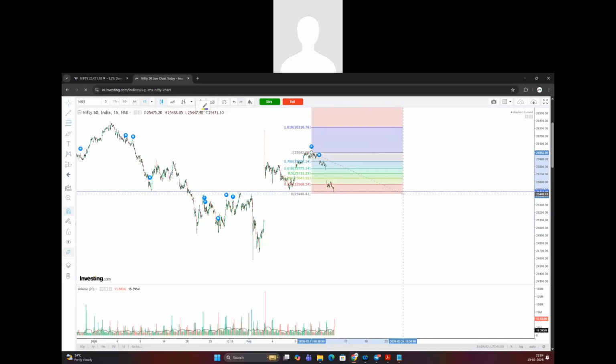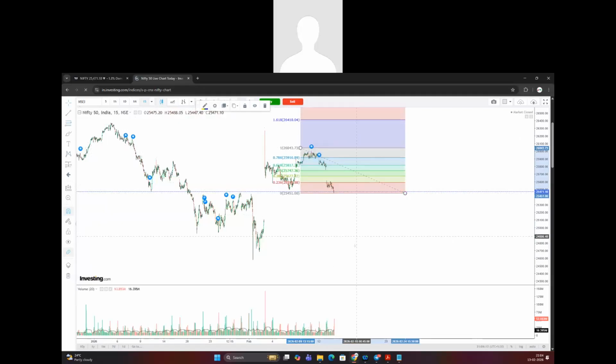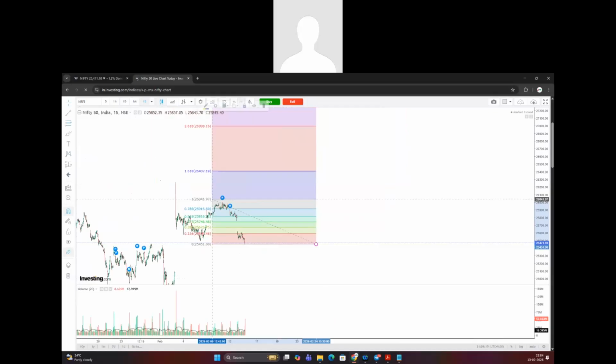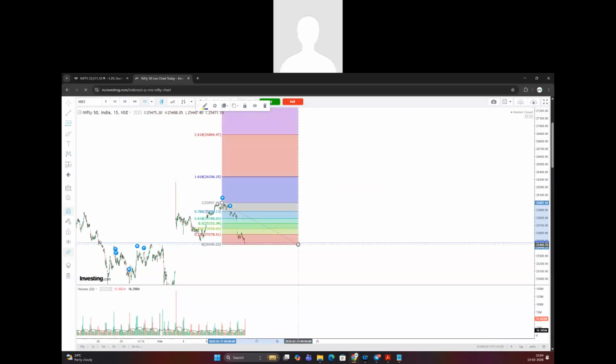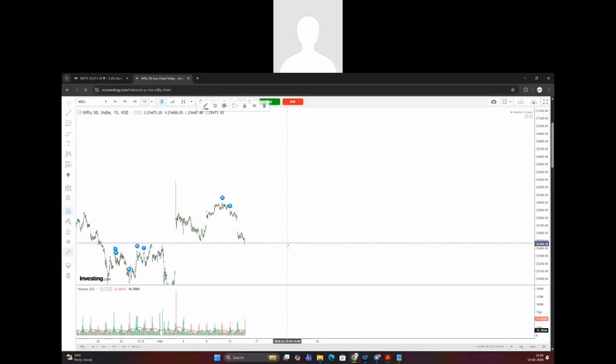Now this is the high, so this is the low. If it was supposed to take a reversal from here, but already it has crossed 25,500, the major support.